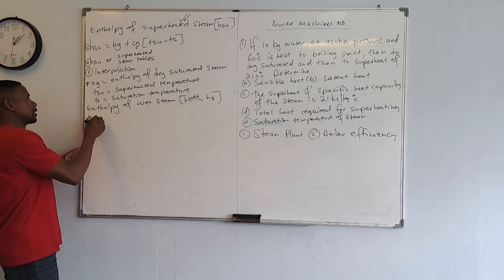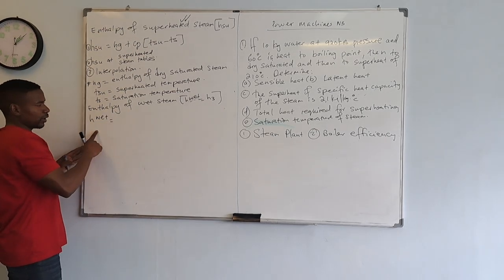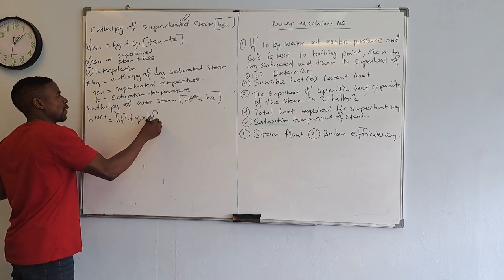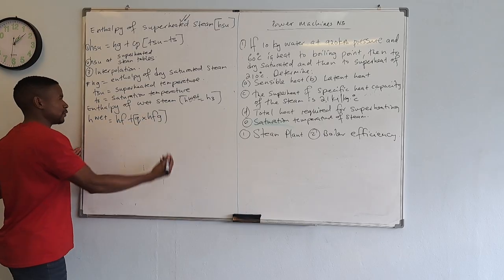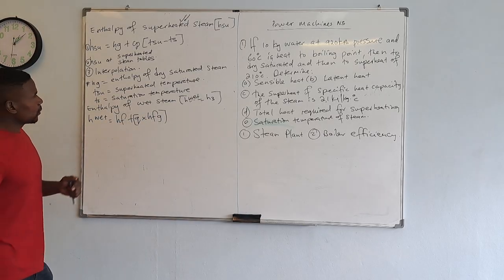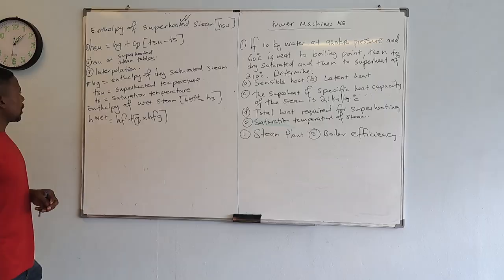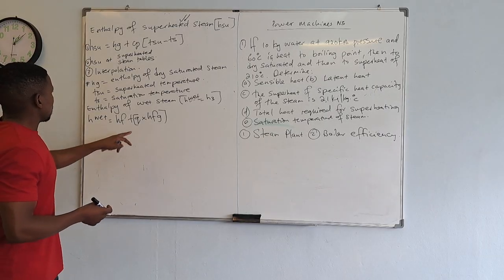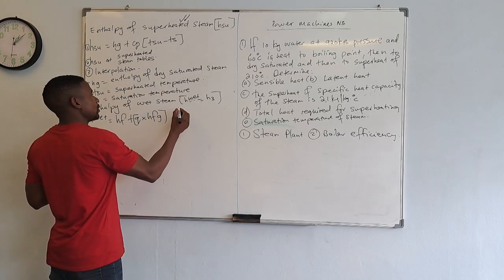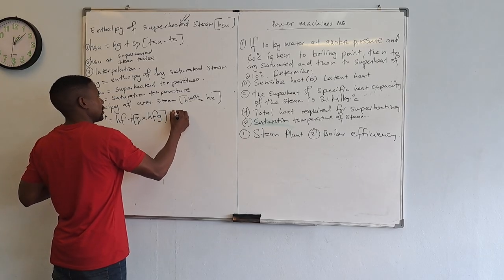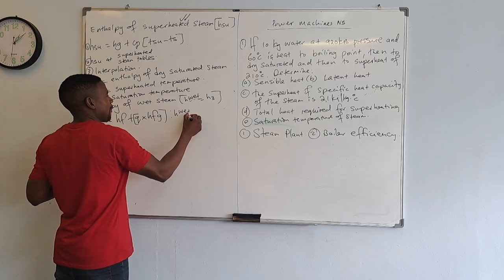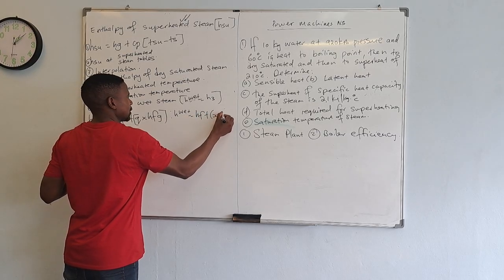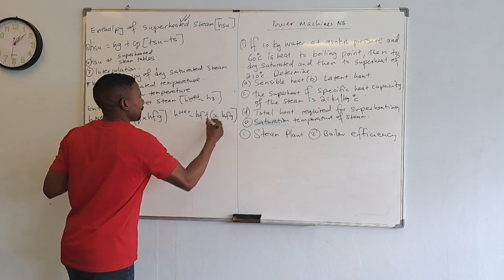How do we calculate our H-wet? Enthalpy of wet steam equals Hf plus Q times our Hfg. Some tend to write it like this: H-wet equals Hf plus X times our Hfg.